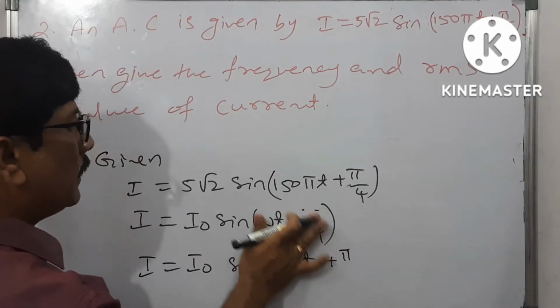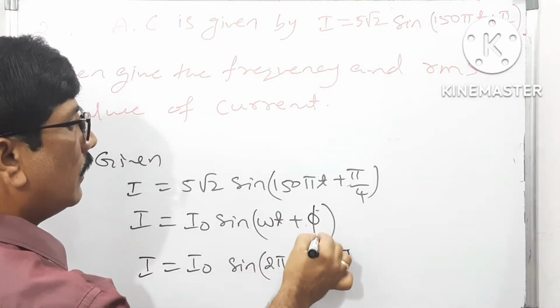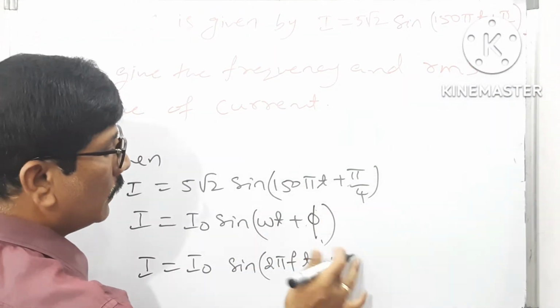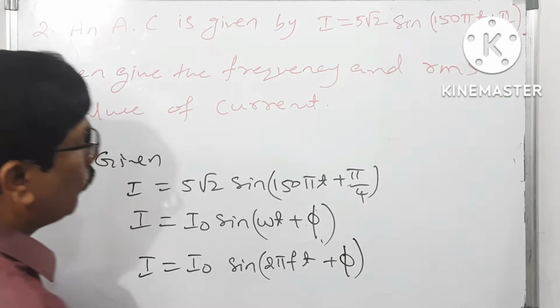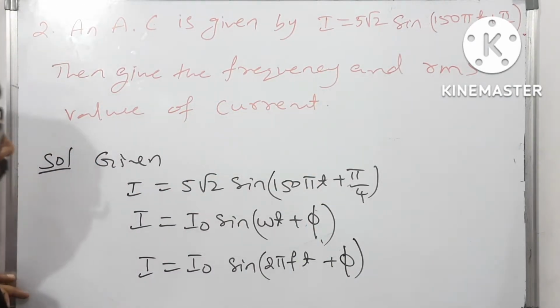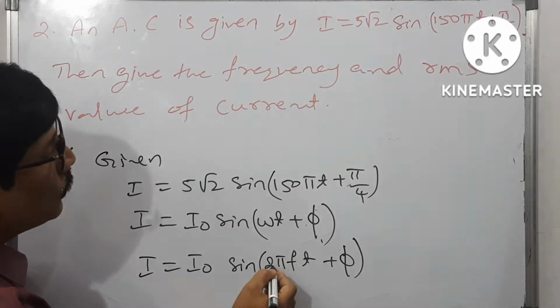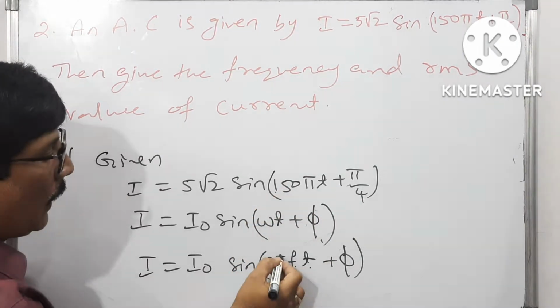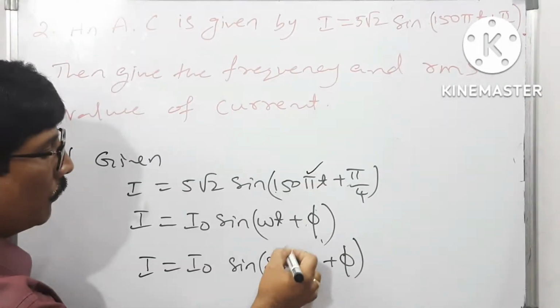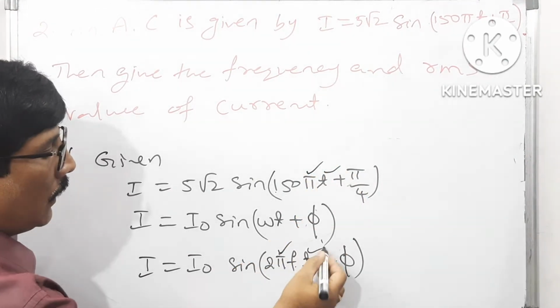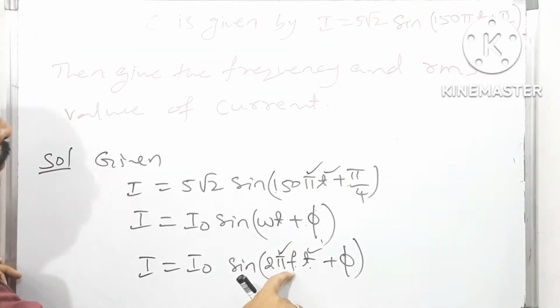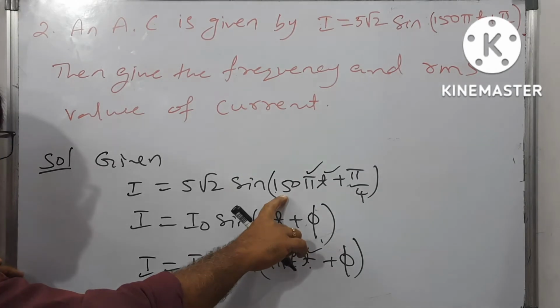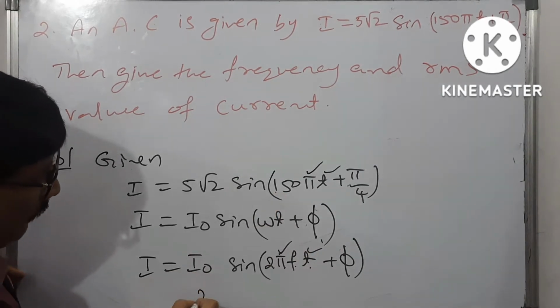So actually this pi by 4 is the phi value. Now what is being asked? What is the frequency value? You compare this with 2 pi f t. Here pi is okay, t is t, but in the place of 2f, you have 150. So indirectly it is giving 2f is equal to 150.